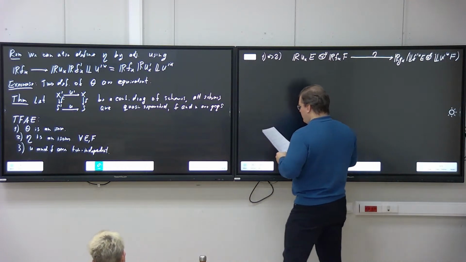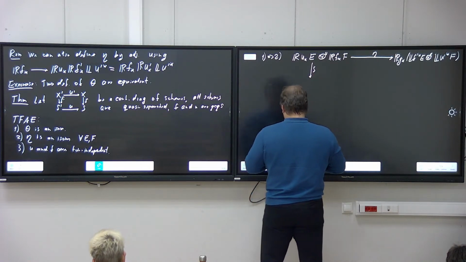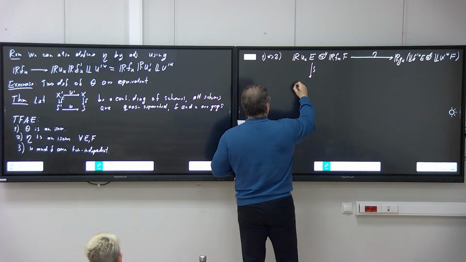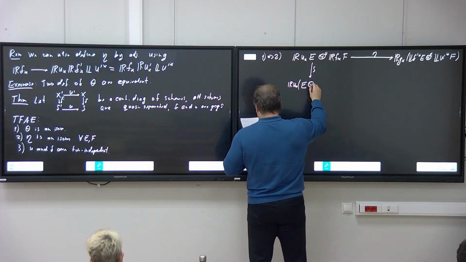And then I also have two quasi-isomorphisms, which are just given by the projection formula in both cases.